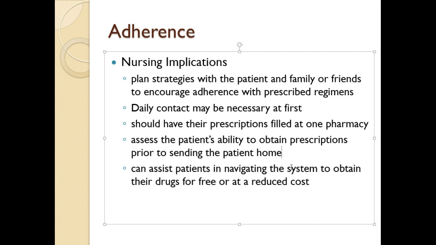So in a way, it's all about navigating the system so that we could help them get their medications, and make sure that they're adherent to it. If they can't afford it, maybe try and find ways to get drugs for free or at a reduced cost.